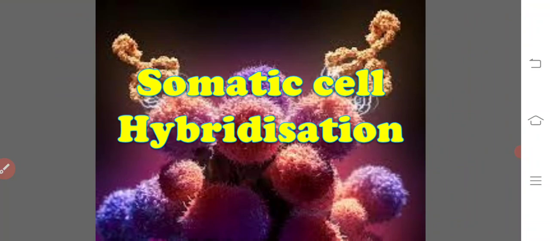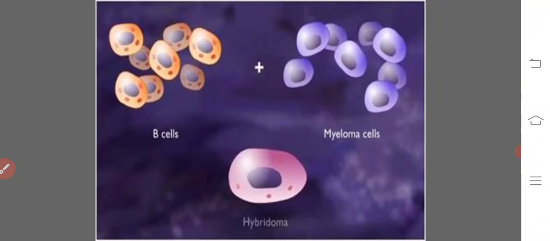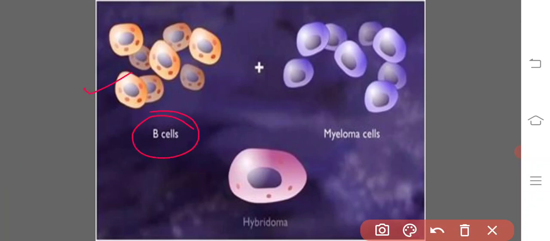For this, a normal activated antibody producing B cell is fused with a myeloma cell. Myeloma cell is nothing but a cancerous plasma cell, to produce a hybrid cell.